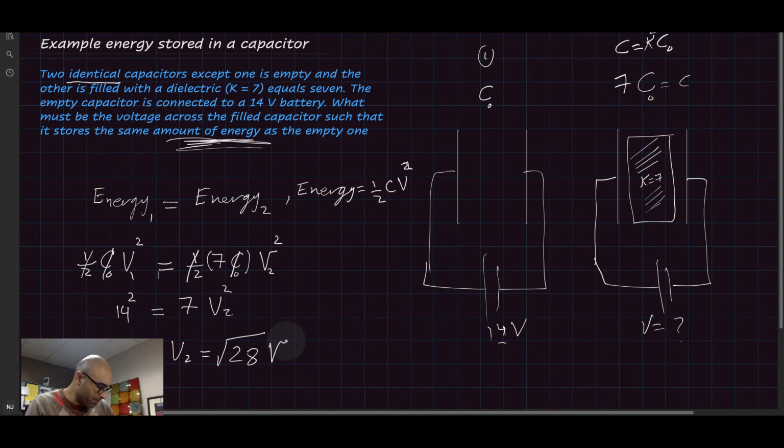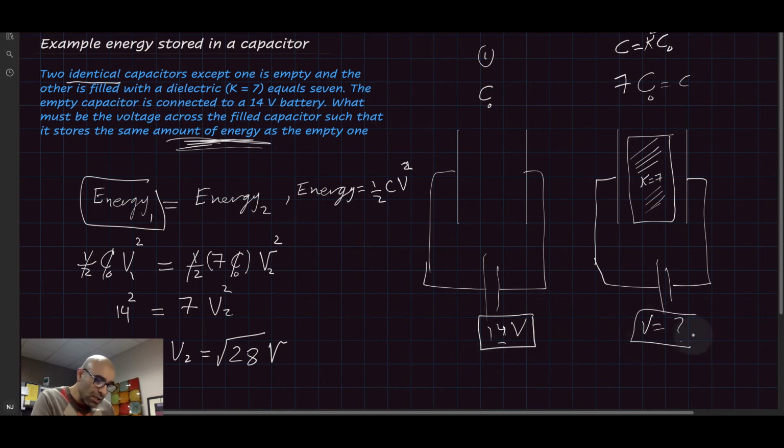Why? I'll show you. Look, the voltage required to charge this guy up to an energy E1 is 14 volts. This one, it has a dielectric slab of 7, and it needs the square root of 28 volts. Which one is bigger, 14 or the square root of 28?